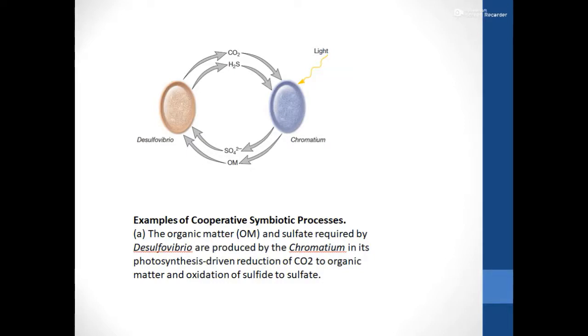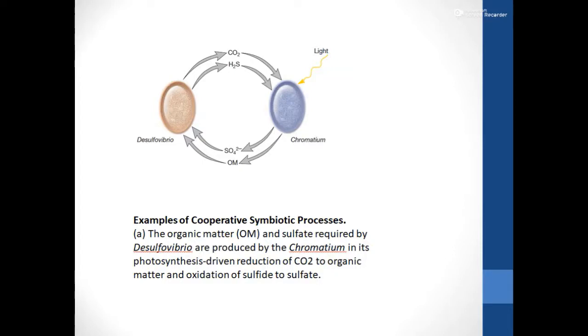The organic matter as well as the sulfate required by Desulfovibrio is provided by Chromatium, through its photosynthetic, light-driven reduction of carbon dioxide to organic matter and the oxidation of sulfide to sulfate.